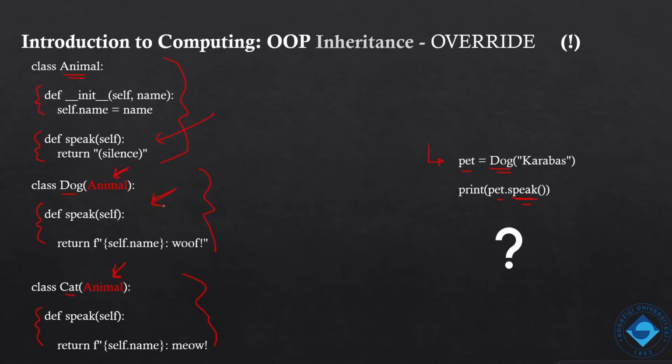We call it override. It means we have the same function name as the superclass in the subclasses, but we are changing its behavior. For example, in animal class the speak function just returns silence, but in dog class the speak function returns woof, or in cat class it returns meow, right?